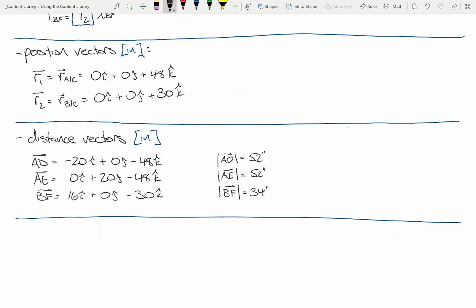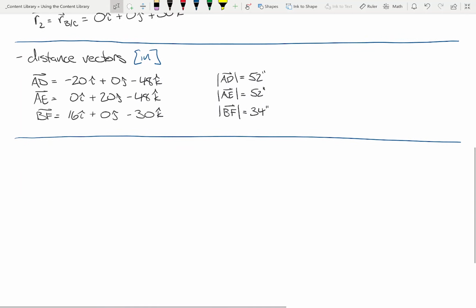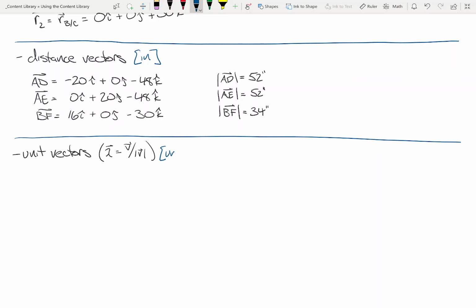So, tell me what to do. What do I need to do with this information? Tell me what my next step is. Boom, get a unit vector by taking the vector divided by its own magnitude. So what we'll do is unit vectors, which are unitless.